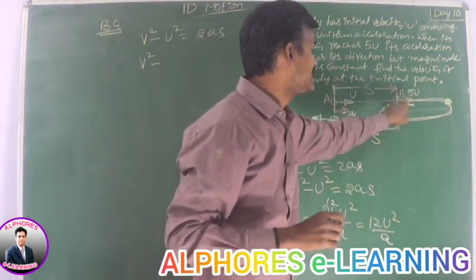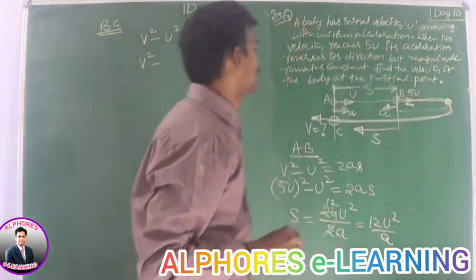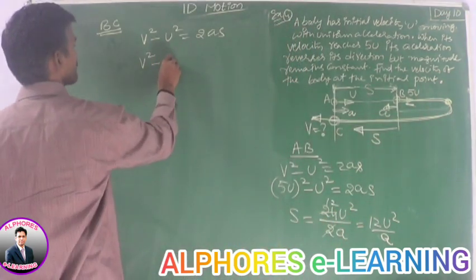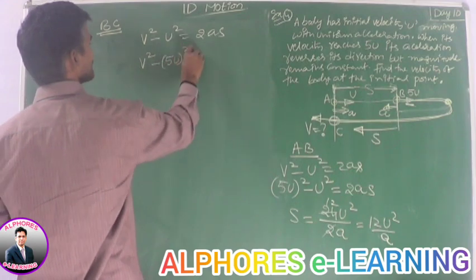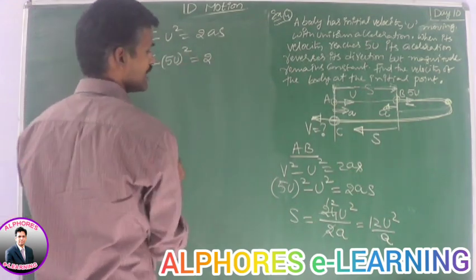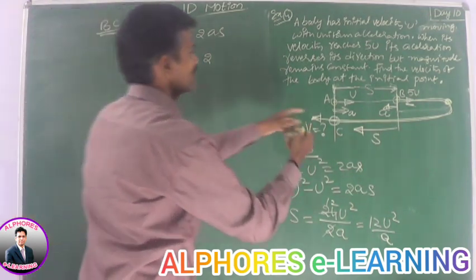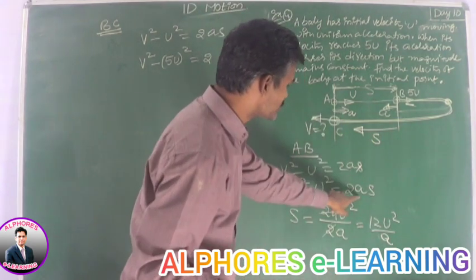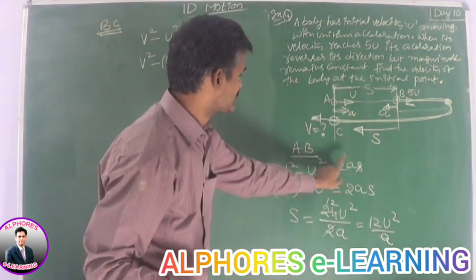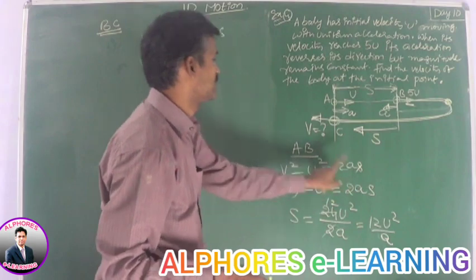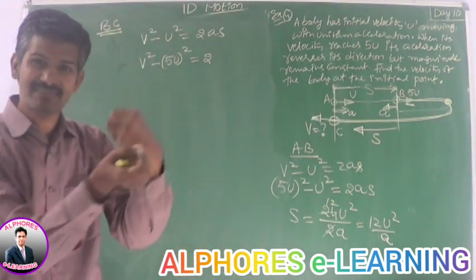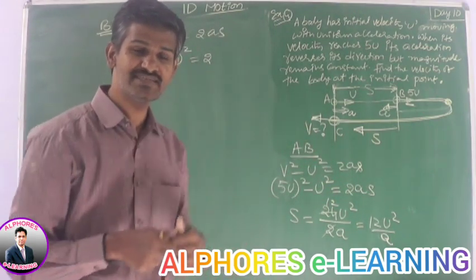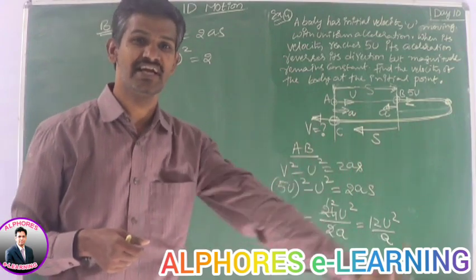For the BC journey, the initial velocity is 5u. So you can use 5u whole square, that is equal to acceleration. Here in the first case AB, a is positive. But for BC, acceleration reverses its direction. So for the BC journey, I am taking acceleration with a negative sign.